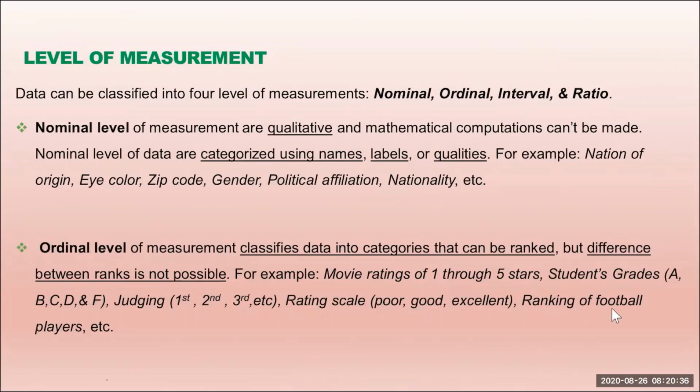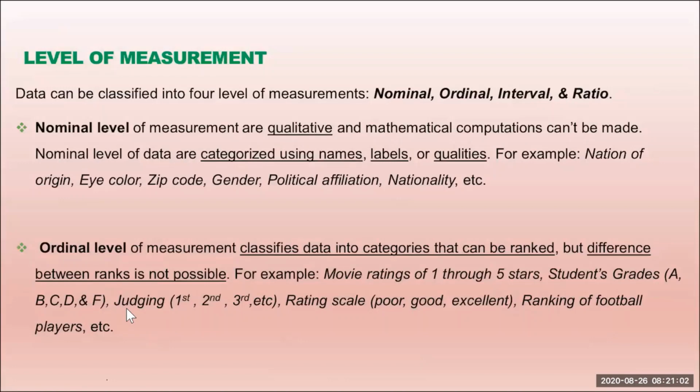Always remember, the first one, nominal, is purely categorical, whereas in ordinal, we talk about ranking, and you cannot find the difference. That is a characteristic. So student grades A, B, C, D, E, F, that is the ranking. So that's why it is ordinal.